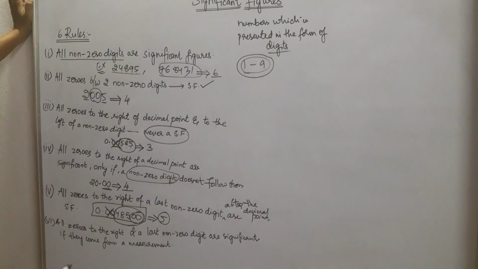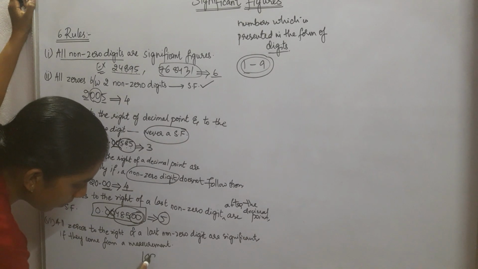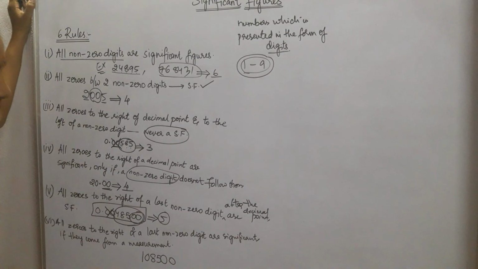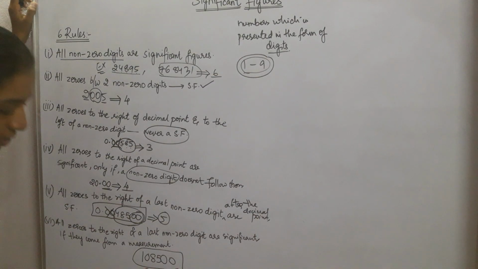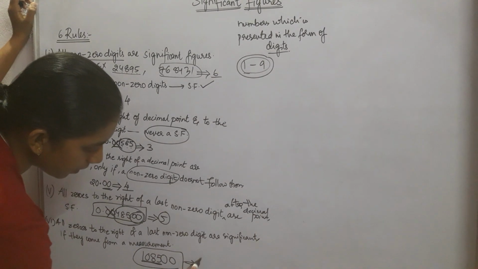Now the last rule states that all zeros to the right of a last non-zero digit are significant if they come from a measurement. If we take 10850, the number of significant figures in this value is 4. Only 1085 is considered significant.